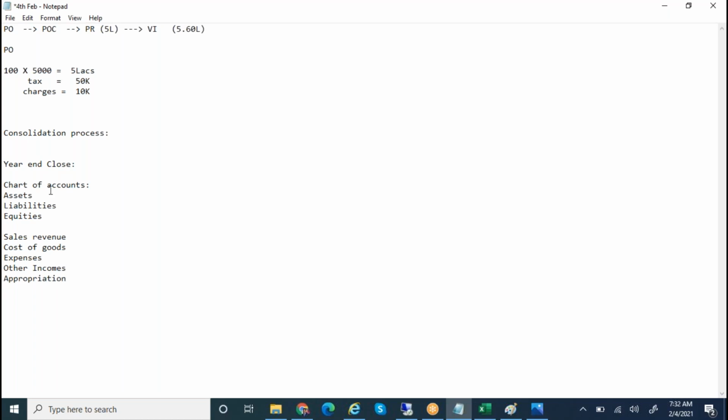At the end of the financial year, some of these balances will be transferred to the next year, whereas the others will not be transferred. They will be consolidated, and the net amount is a profit to my organization.